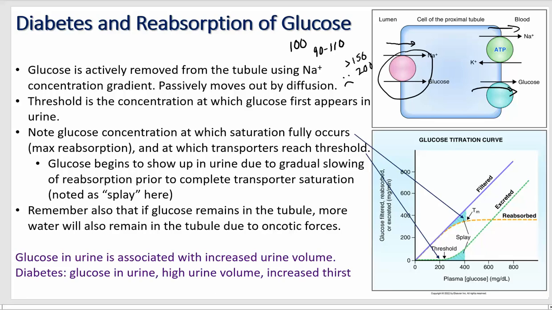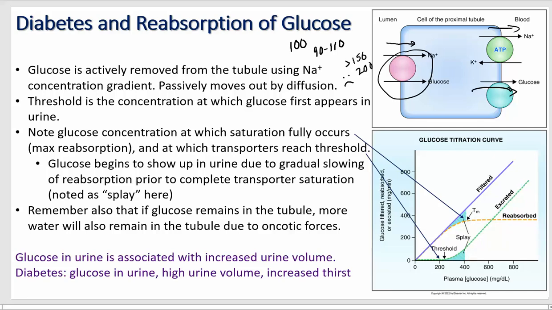They're maxed out. So at that point, it looks like right here, a little over 400. Either way, around 400, a little over. That's the max. And then any more sugar going through there is just going to be more and more that's excreted.